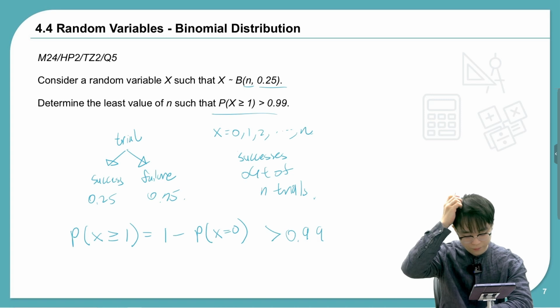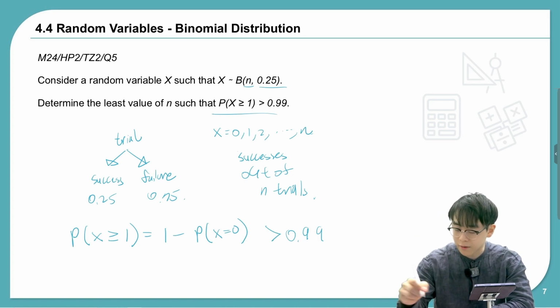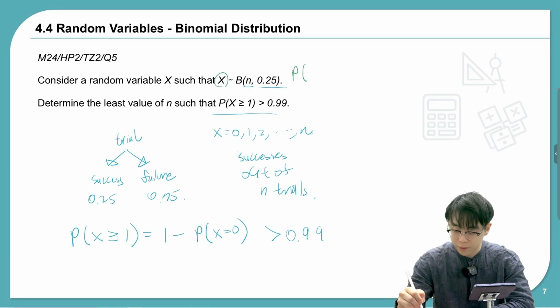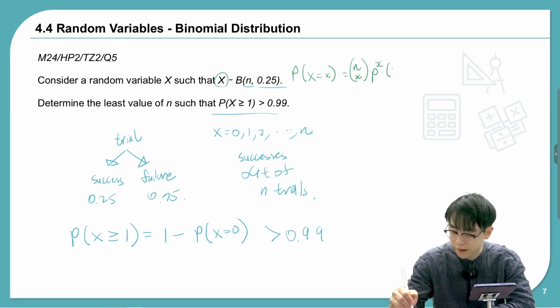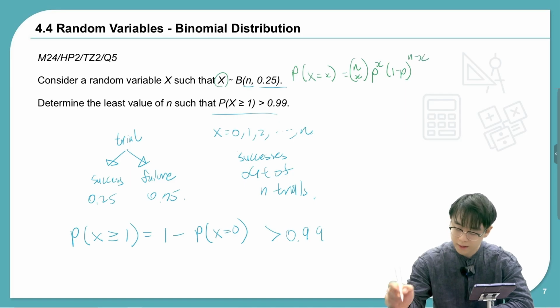0.99. So before using our calculators, I think we can just use our understanding of binomial events. So if you have x following a binomial distribution where x takes a certain value, small case x, then we can say this is n choose x, and then success probability to the power of x, and the failure probability for the remaining events, n minus x. Right?